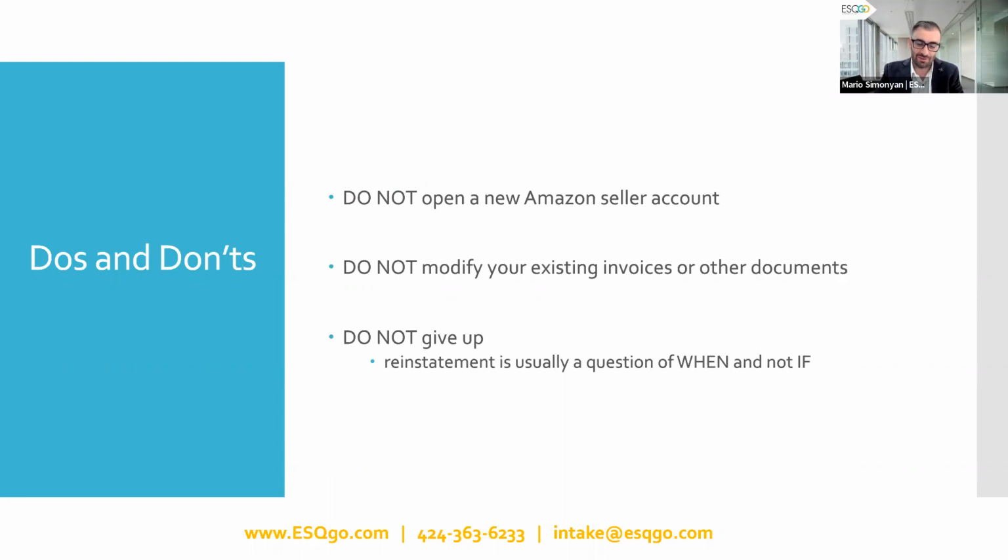Amazon has certain technology and software that'll look and see if a document has been manipulated. And if they find out that you have, you're now facing a more difficult challenge. So please make your life easier and our life easier, and do not modify your invoices or any other documents.